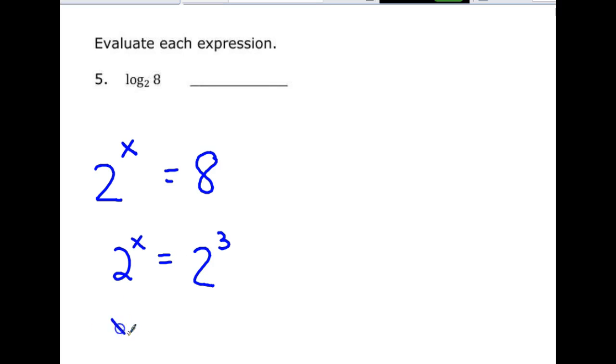So you change it so that the bases match. You did an excellent job on that on your test last week, so I know most of you know how to do that. So the expression is equal to 3.